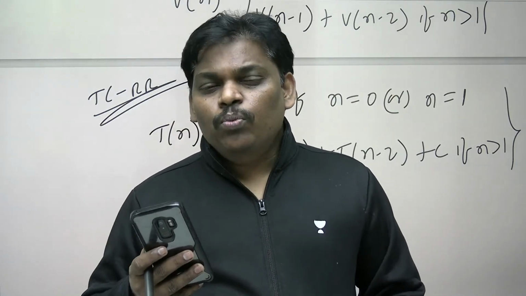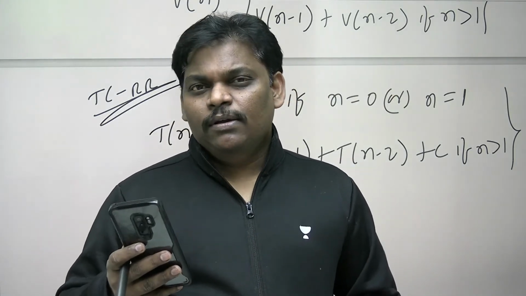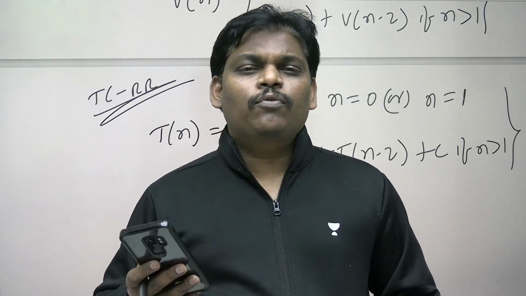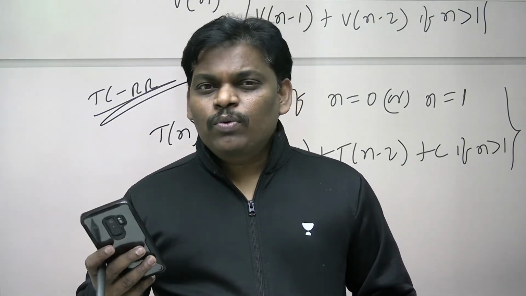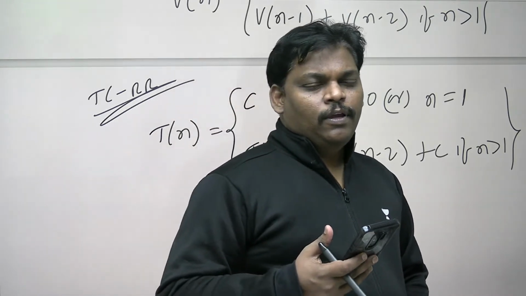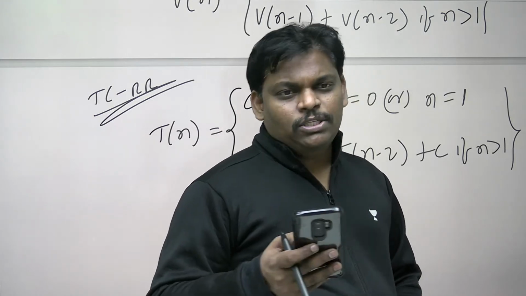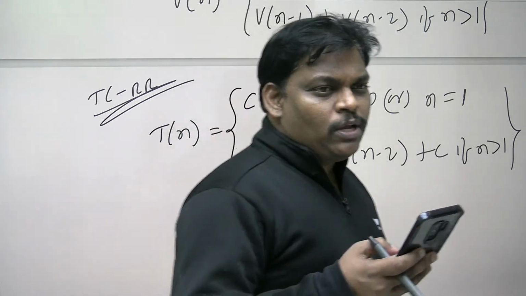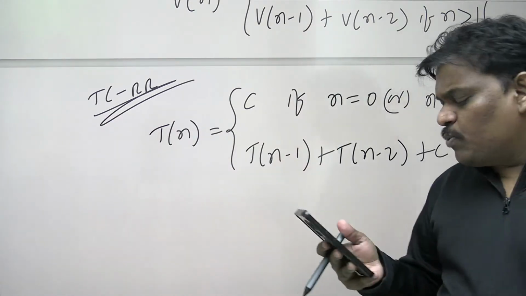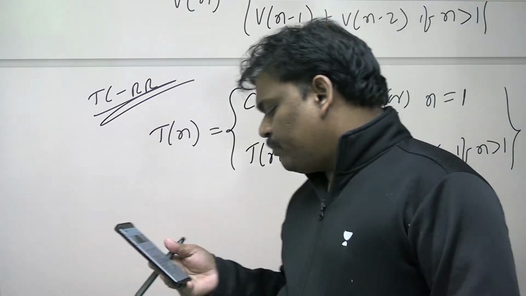If no loop, write plus C. If you don't write anything, that means no time, and there is no question of no time. Even the first hello world program you wrote takes constant time. Every program will take minimum constant time.